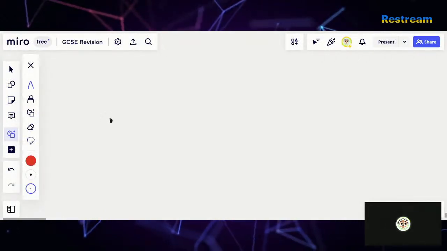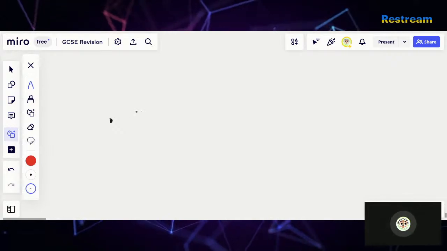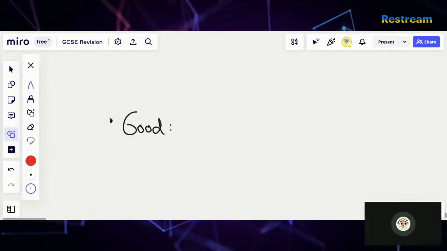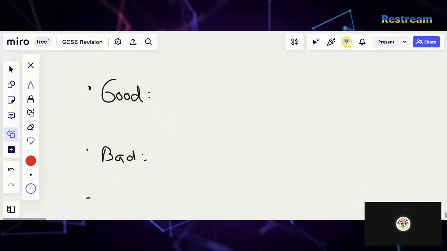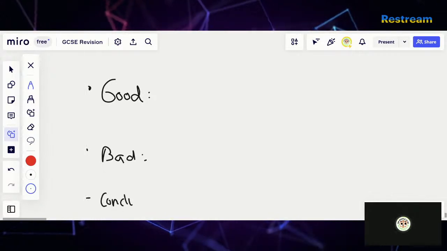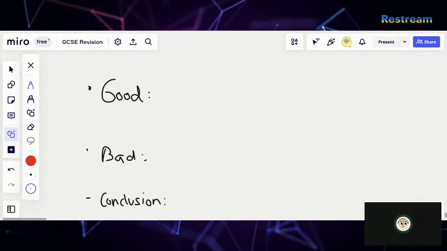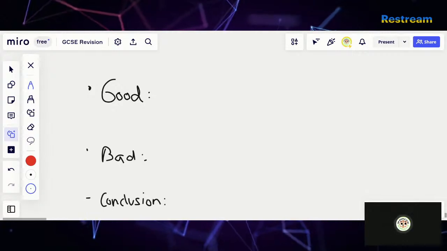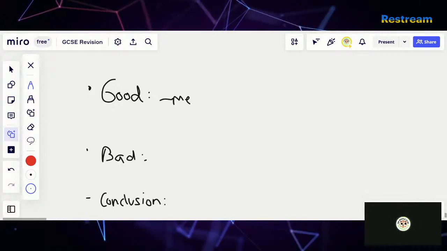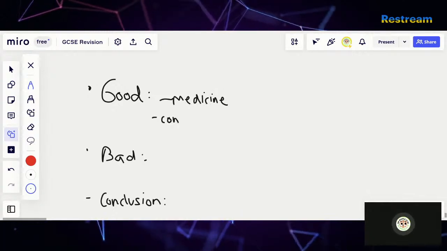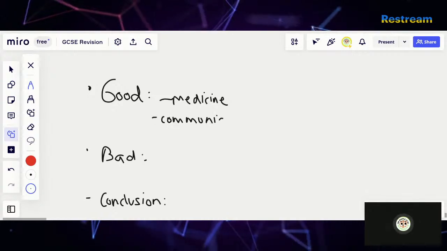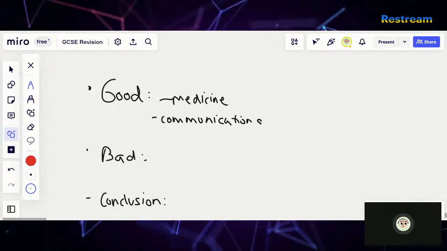Well, when we're saying evaluate, what we have to say is we have to say the good parts of it, the bad parts of it, and then we can give a conclusion of ourselves, like I believe. So the good parts of nanotechnology is that it can be used in medicine, it can be used in communications, and nanotechnology can be used in electronics.